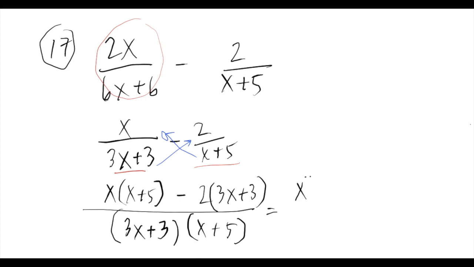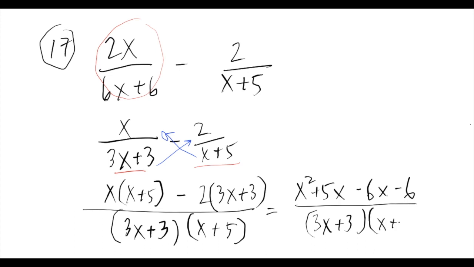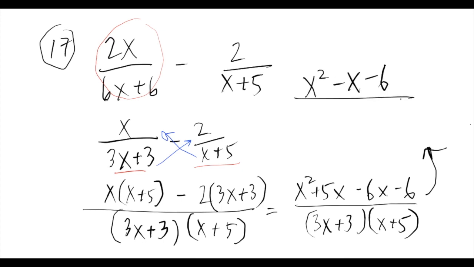We have x squared plus 5x minus 6x minus 6 over this one, 3x plus 3 times x plus 5. Okay? Let's simplify itong nasa taas. We will have x squared minus x minus 6. How about for the denominator? I-multiply natin. We have 3x squared plus 18x plus 15.